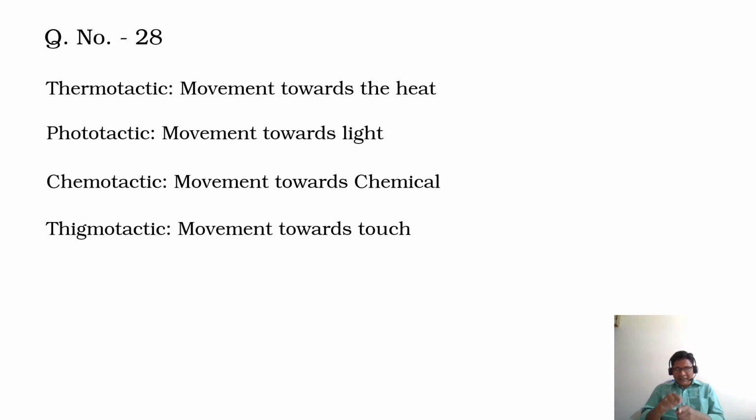Here everything is chemical interaction. So that's why the movement of the pollen tube towards the embryo sac is chemotactic. The pollen tube is positively chemotropic. This point we discussed in the theory part. So the answer is option 3, chemotactic.